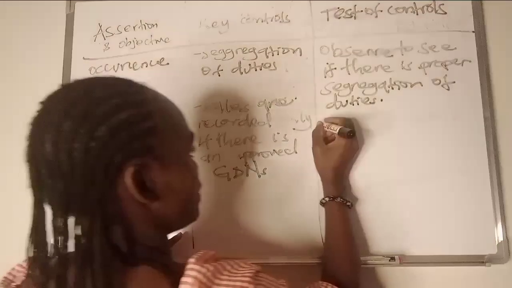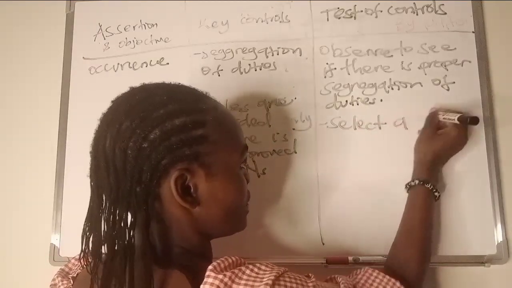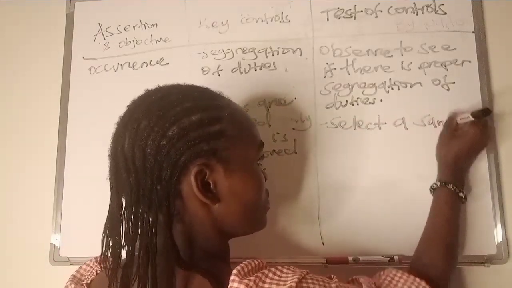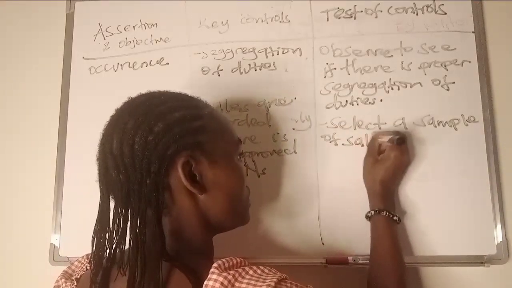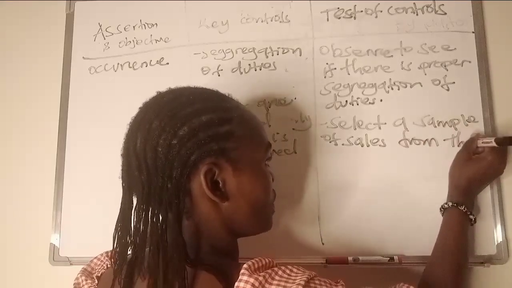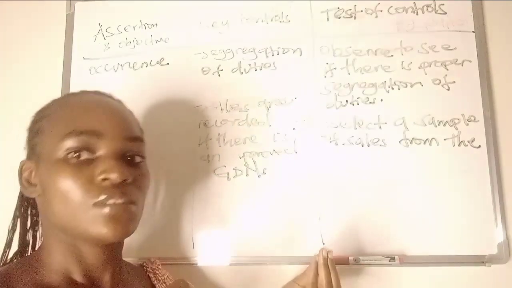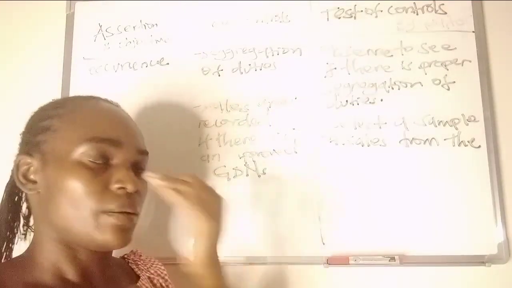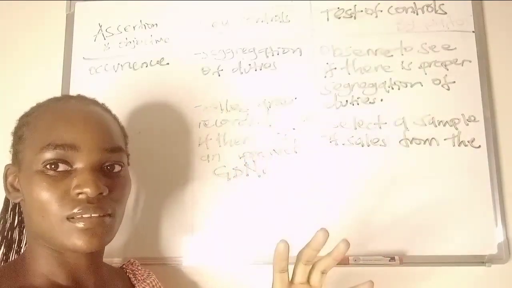So the auditor can select a sample of sales from, it can be from the sales journal. So that's where the key documents come in.